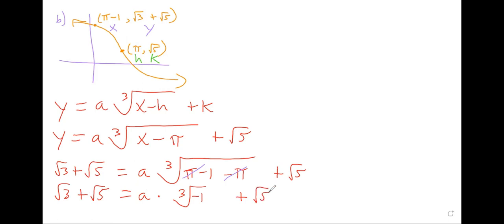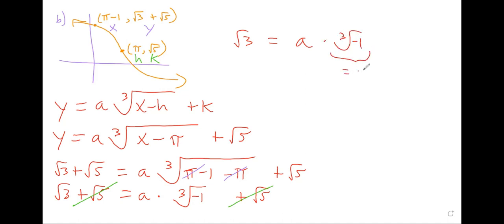Well, looking at this equation, look at both sides. Is there something on both sides that we can conveniently knock out? It looks like the square root 5s. You can just cancel those, and we'd be left with square root 3 equals a times the cubic root of -1.